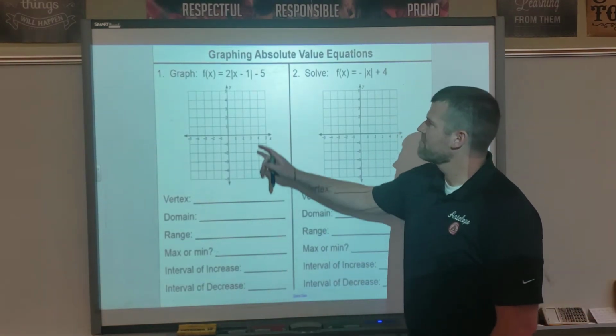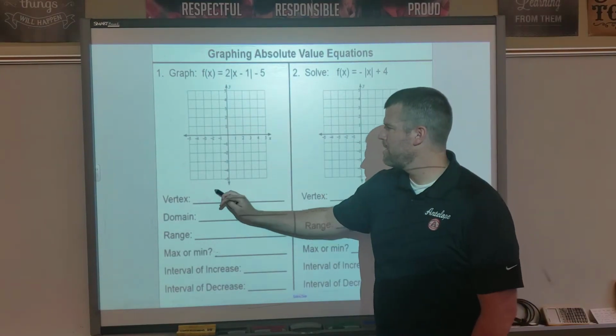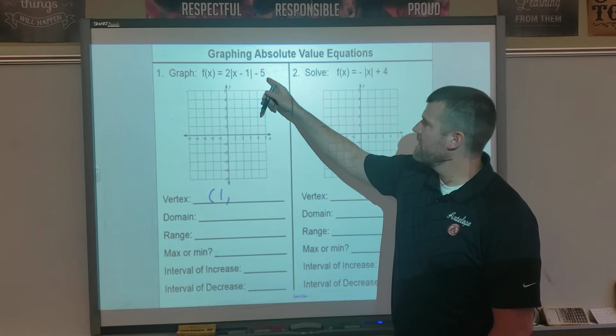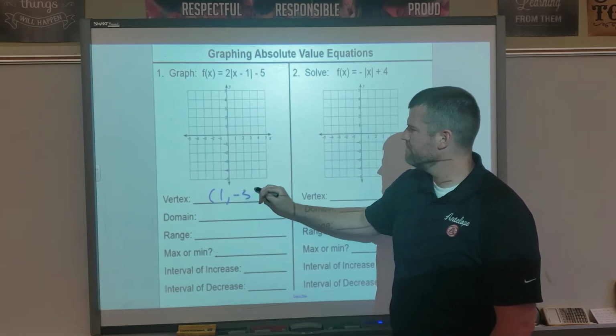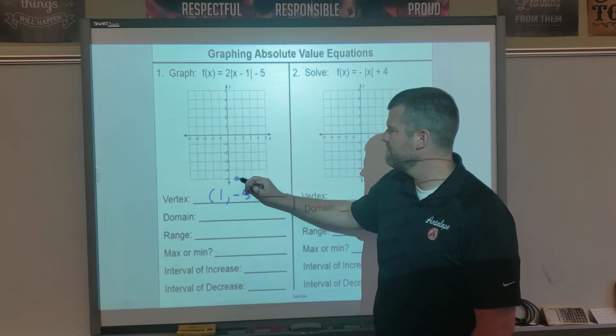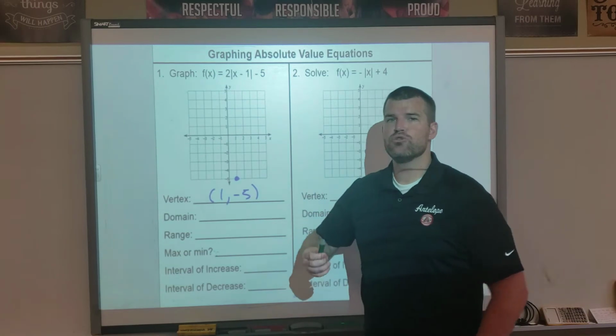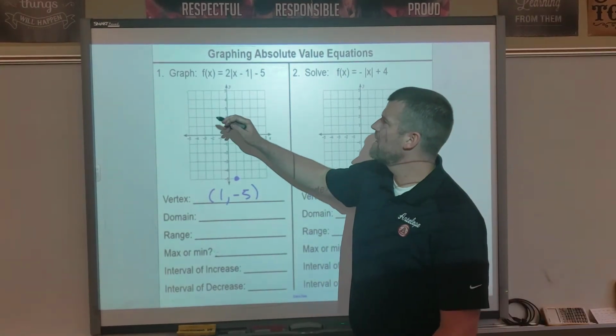Graphing. First thing we have to find is our vertex. So opposite of -1 is a +1, and then our value at the end is our y-coordinate. So we know our vertex is at (1, -5). With graphing absolute value, we get two line segments.